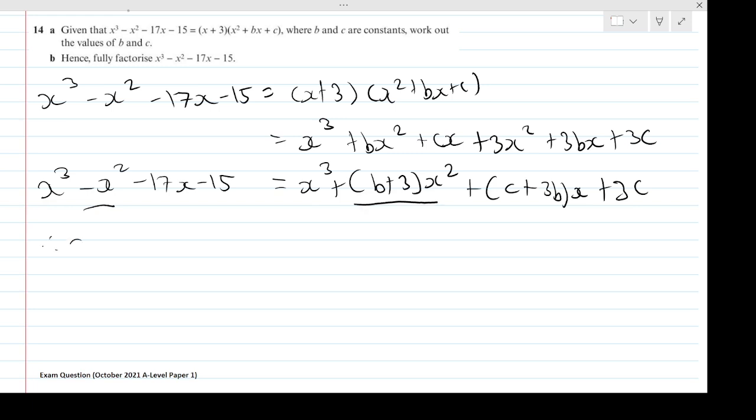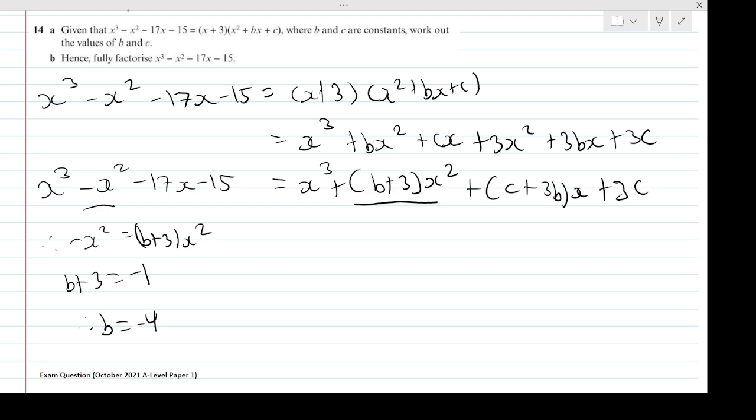That means that minus x squared has to be b plus 3 x squared, right? And therefore, if we cancel out the x squared, we have b plus 3 is negative 1. And there we can solve this equation, can't we? Because if we subtract 3 from both sides, b would be negative 4.